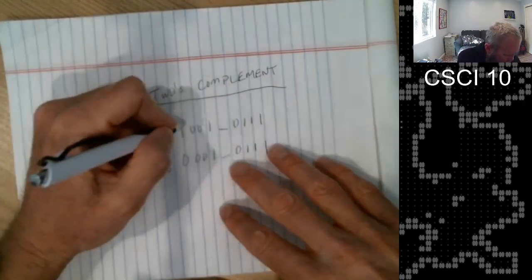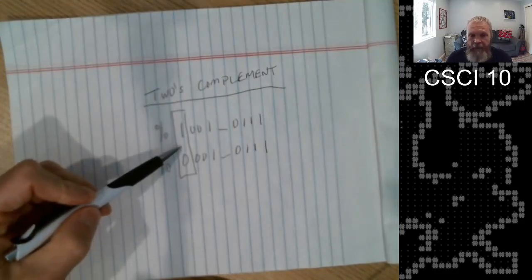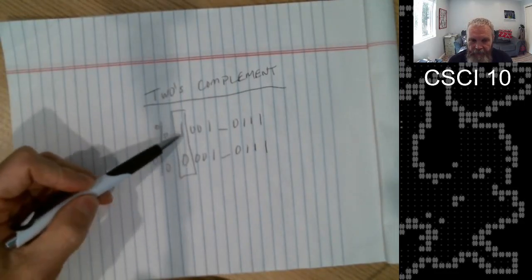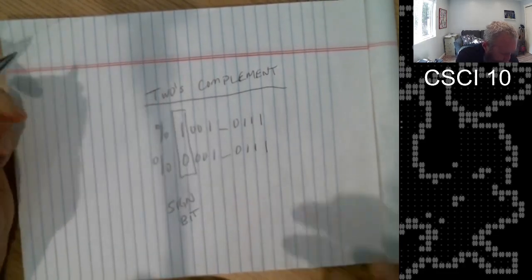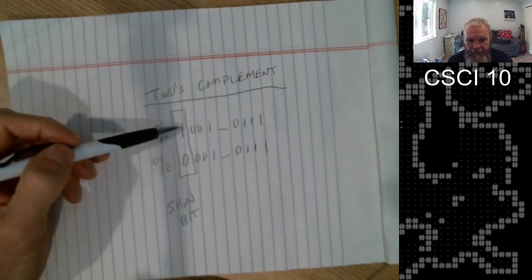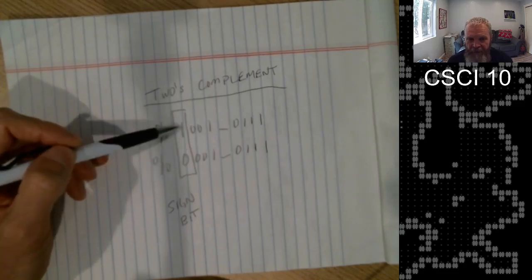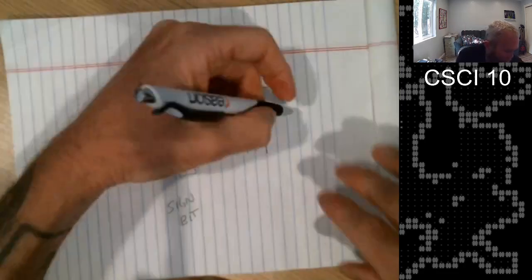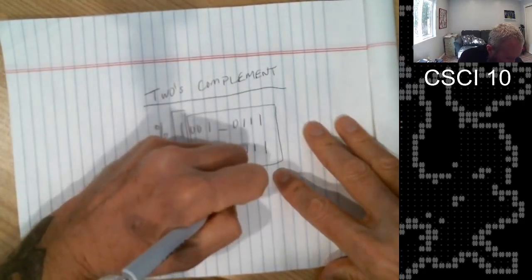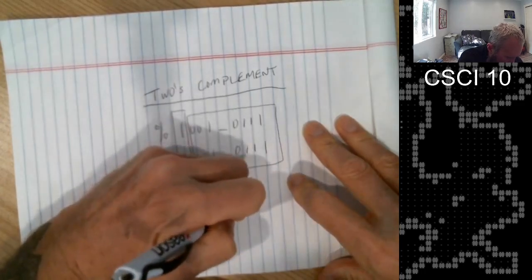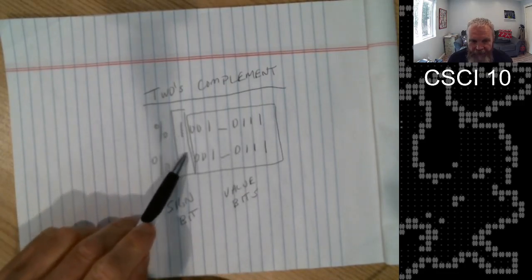So in 2's complement, this highest most bit is the sign bit. So in the 2's complement system, instead of counting this bit as part of the value, you only count it as an indicator of positive or negative. So the lower bits are the value. So these are the value, this is the sign.